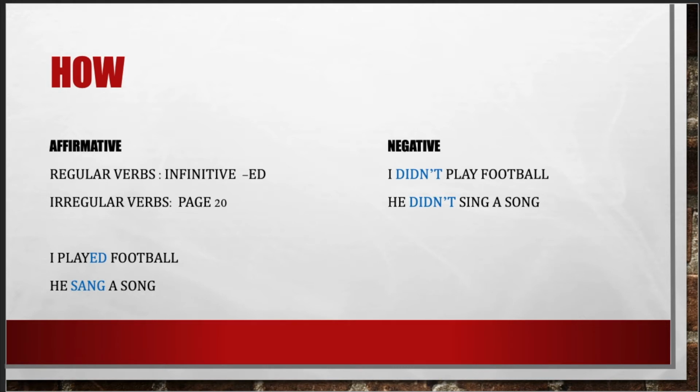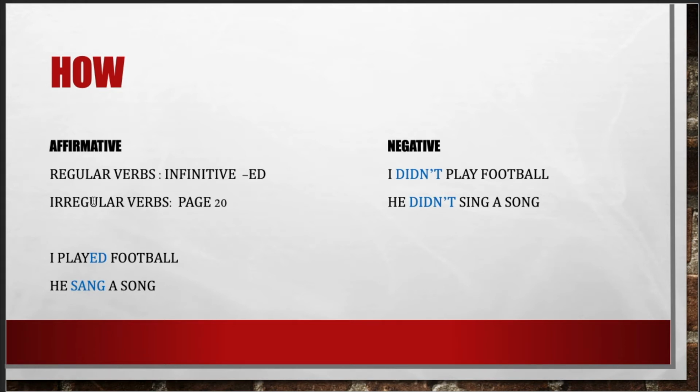For example, he sang a song. In present, it is sing, okay? But in past, it changed to sang, okay? This we can find in our student book, page 20, okay? We have a chart with different verbs, okay? So we can practice more and more.